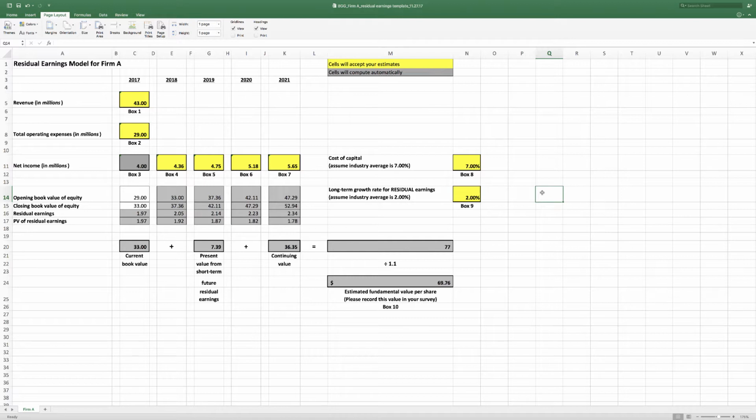We have filled in all the yellow boxes in our spreadsheet, so let's go over the results. A firm's fundamental value is the sum of its current book value of equity and discounted future residual earnings. The present value of future residual earnings has 2 components, one for short-term future residual earnings and one for long-term future residual earnings, or continuing value. Cell C20 contains my current book value of equity.